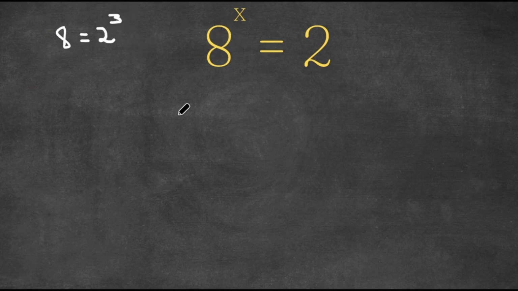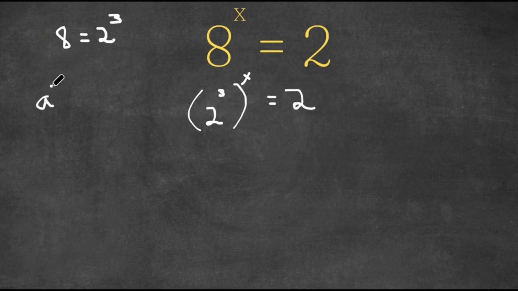So what I'm going to do is I'm going to replace 8 with 2 to the power of 3. So we have 2 to the power of 3 to the power of x equals 2. Now, if we have something in the form a to the power of m to the power of n, this is actually equal to a to the power of m times n.